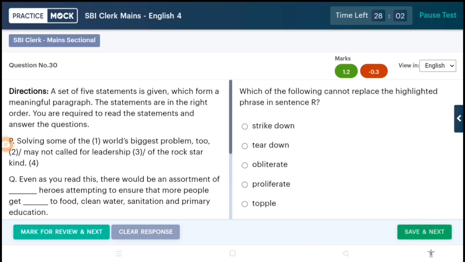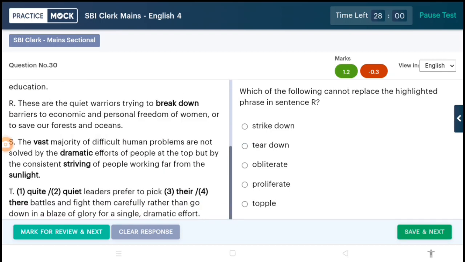Option B. Next, these are the quiet warriors trying to break down barriers. Proliferate.